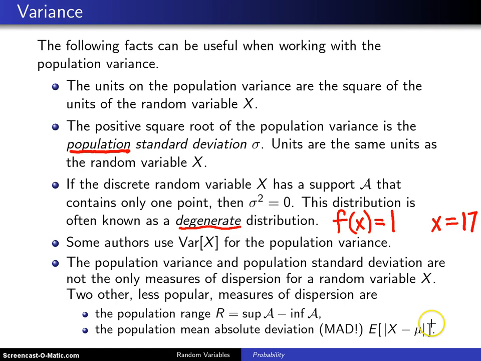Again, instead of squaring, you can use an absolute value here, and what that does is put less emphasis on probability or support values that are far away from the population mean mu.